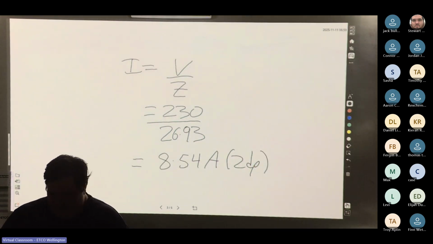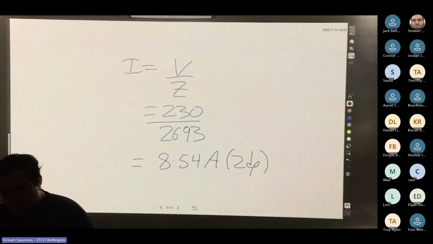Anyone get anything different? By that I mean completely different or completely out the gate.